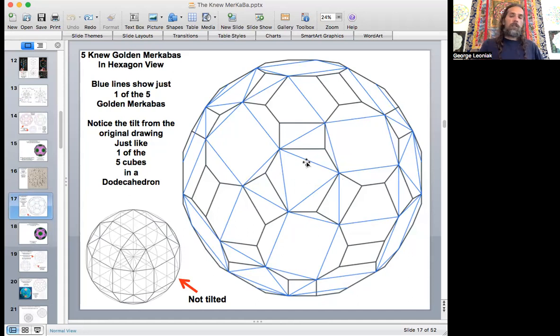But what happens there, and you have to see my previous video or other videos, is the cube that's inside there will have to rotate. It can't maintain its orientation the same way. That's also what Metatron's cube distorts, is saying your dodecahedron and cube are oriented in the same direction, but one's got to tilt. So in this case, this follows the rules basically and says, well, if you're going to draw me like this in 5-fold, I have to tilt.